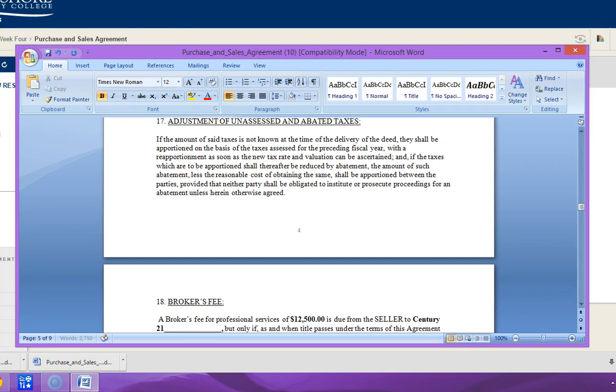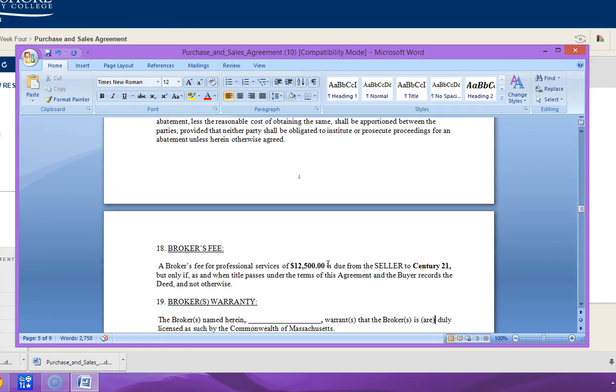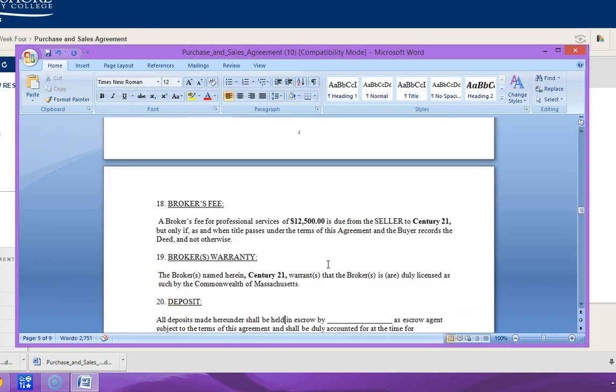Century 21. You could have co-brokers, in which case you'd put Century 21 and the name of the second broker. All the brokers have to make a warranty that they are licensed brokers. And the deposit is typically held by the listing broker.